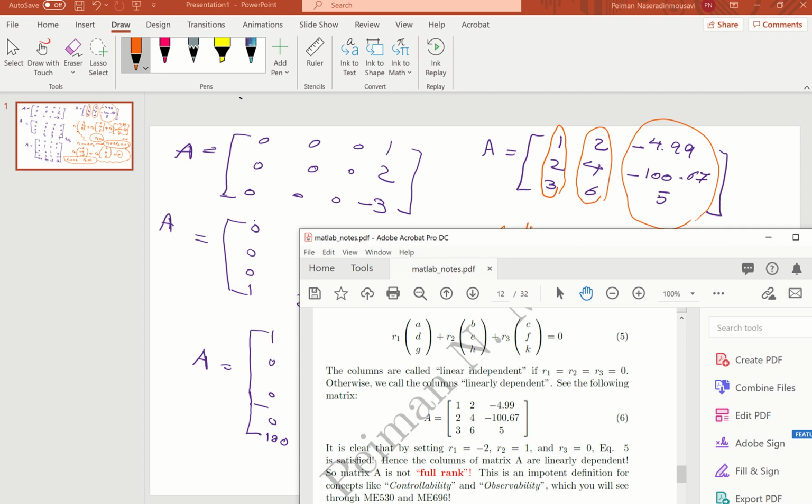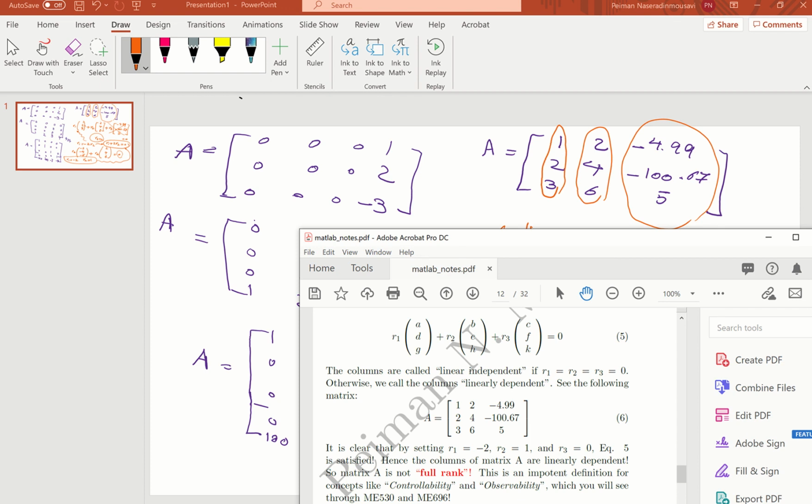This is a very important concept, guys, about the controllability and observability of control systems, and you're going to see it eventually in the higher level courses. If you want to make sure that your system is controllable, you can design a controller to move your system, for example, from point A to point B in a finite time by applying a proper or bounded control input.